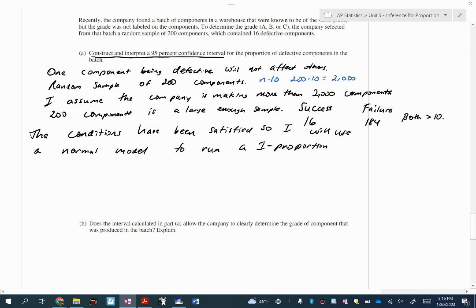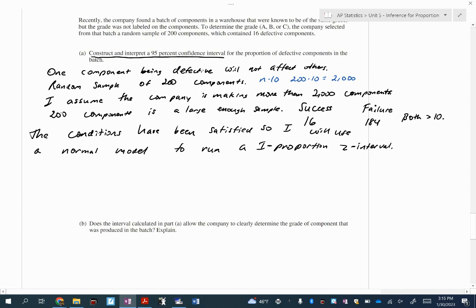It's not just one proportion. Z interval. You would know if it was two because there would be two samples. There's only one sample, right, Joshua? Just these 200 components. Yeah, if there's another group where they do another sample, that would be a two proportion Z interval. But this is just one.